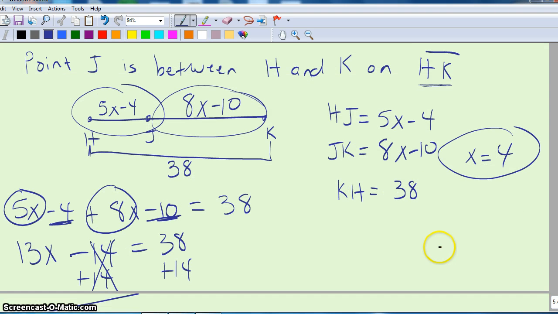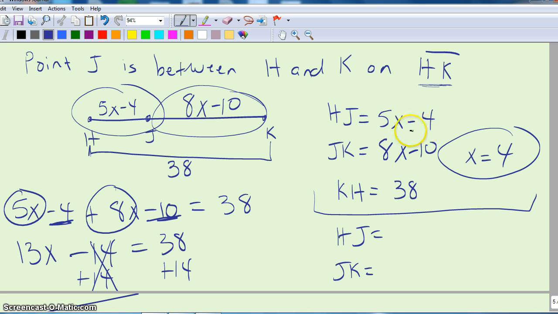Now if I really wanted to be fun for you on a test, I would ask, what is x? How much is HJ? And how much is JK? HJ is 5x minus 4, Mr. Gomez. Fantastic. Tell me the number value. Well, 4 is x. I'm going to put 4 right here. 5 times 4, 20. 20 minus 4, 16.